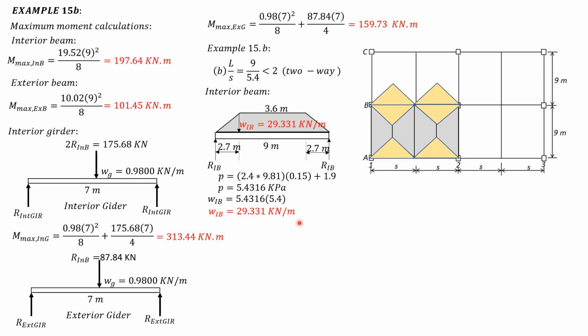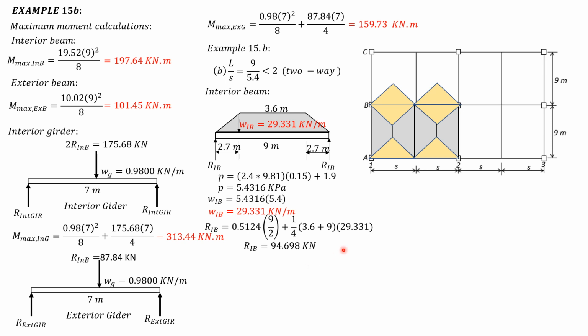The area of the trapezoid is one half times upper base plus lower base times height. So that's why one half is 1/4: upper base 3.6, lower base 9, and the height of the trapezoid is 29.331. So the reaction at the end of the interior beam is 94.698 kilonewtons.